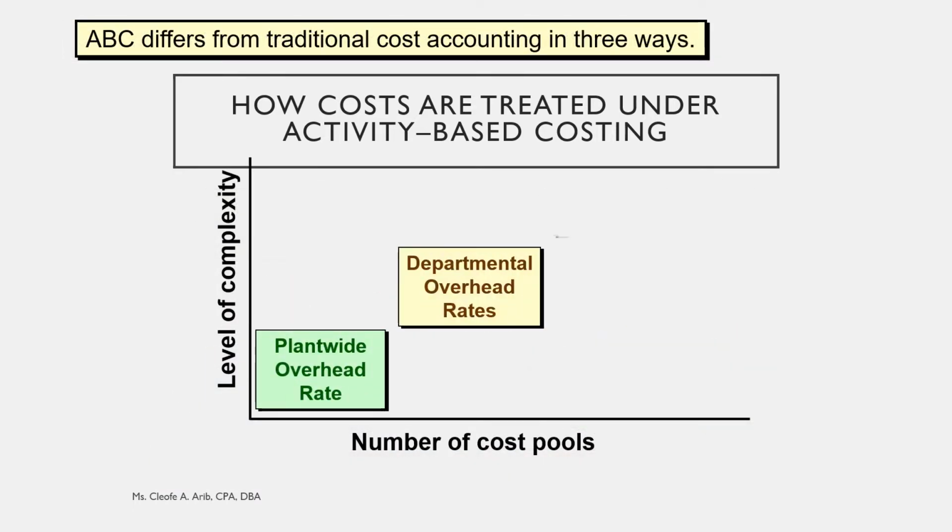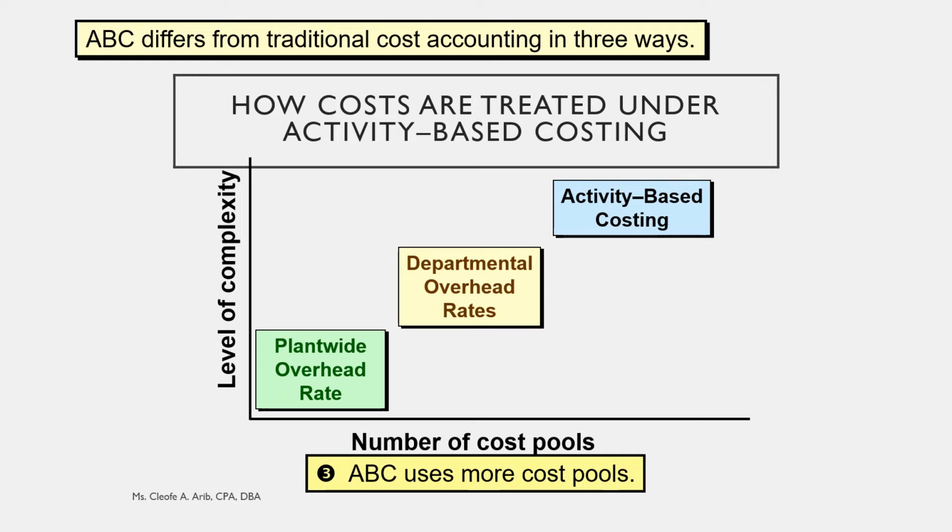The third difference is with regards to the number of your cost pools. We do not just use a plant-wide overhead rate, or if you want to make it more complicated, a departmental overhead rate, instead of just using one plant-wide overhead rate. That is what we used in the cost accounting subject last semester.